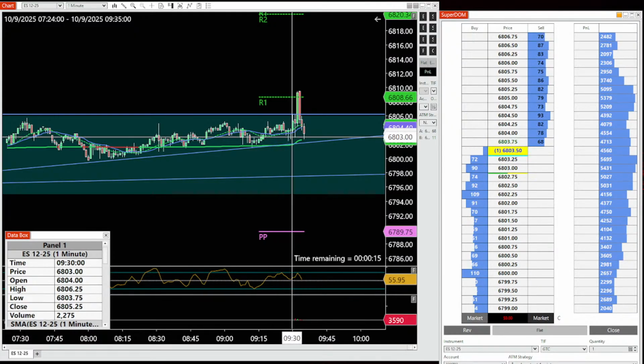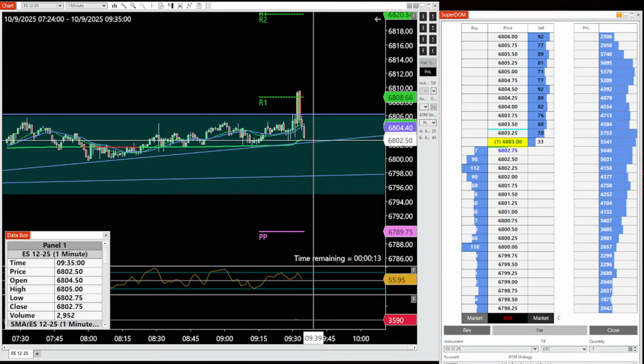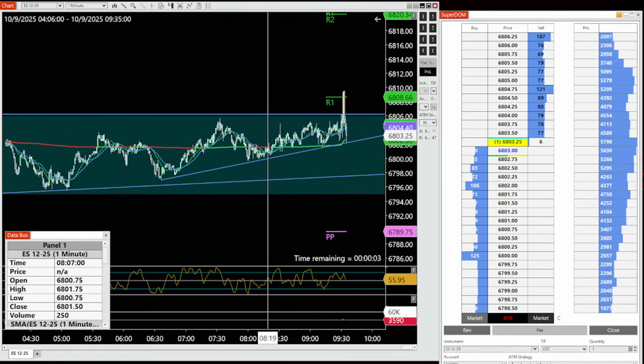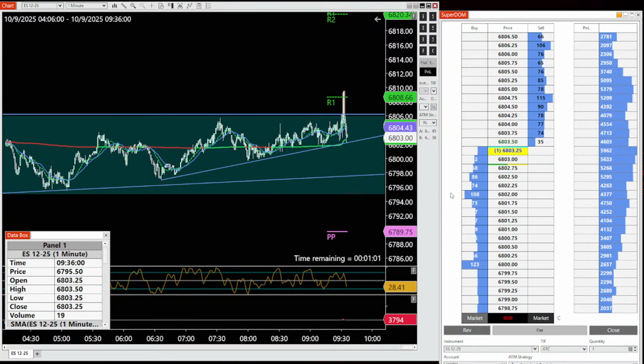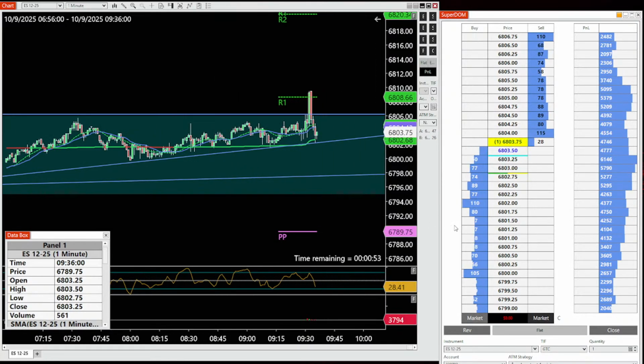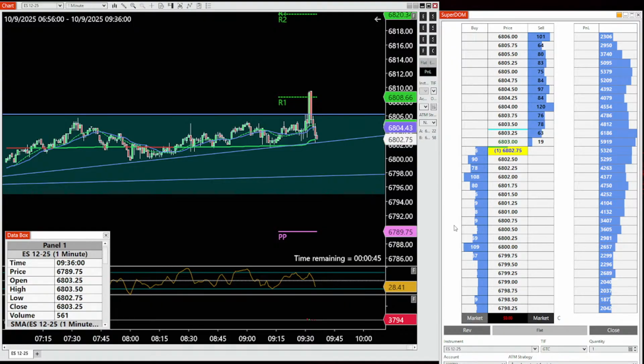We bounce off here once, twice, 3 times. Got the trend line here. Okay.